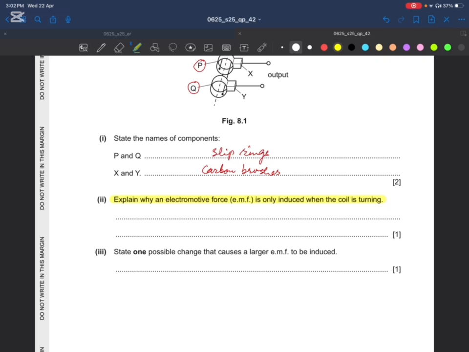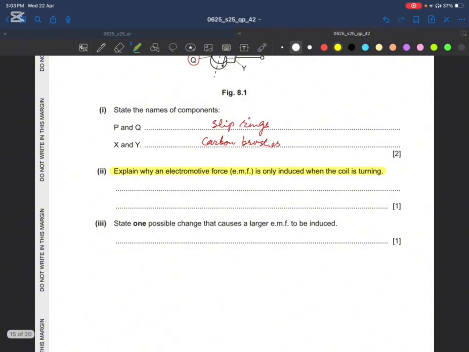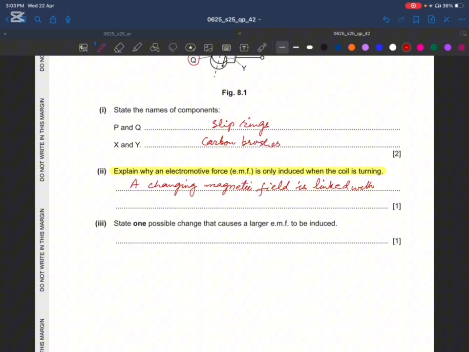So simply you can say that a changing magnetic field is linked with the coil. That's it.